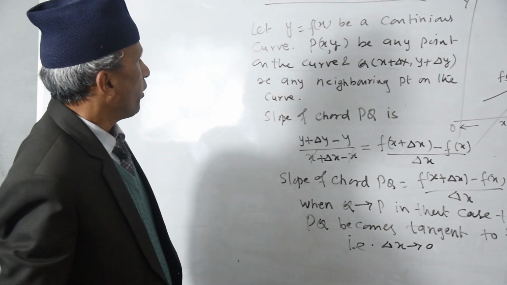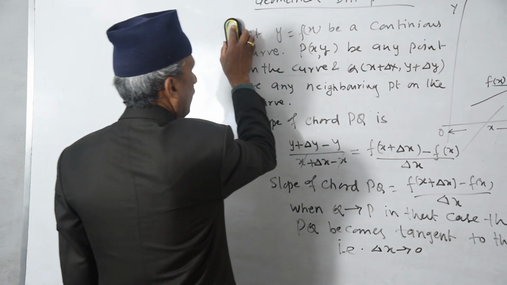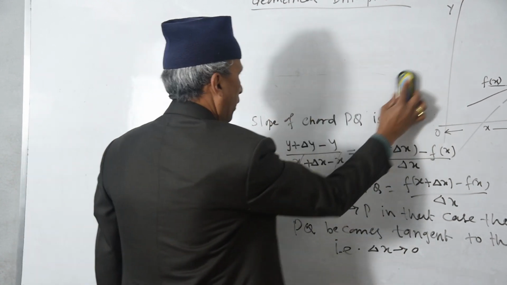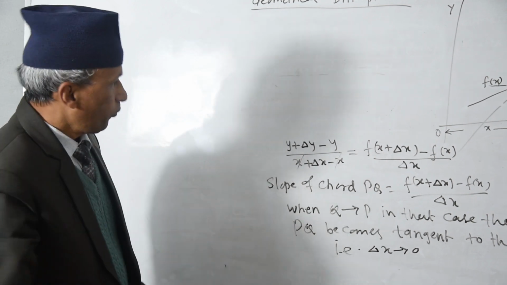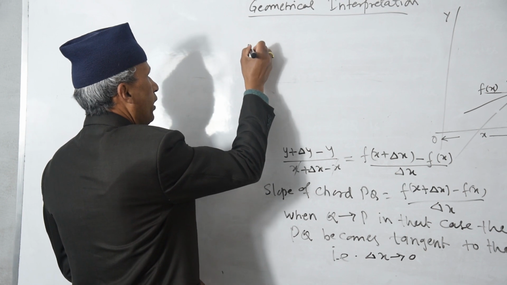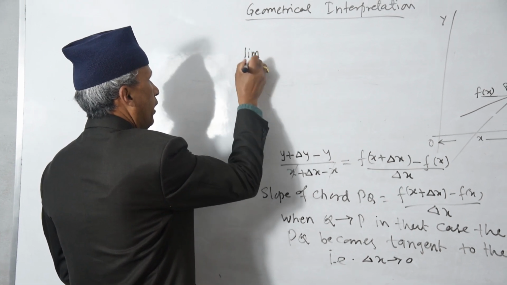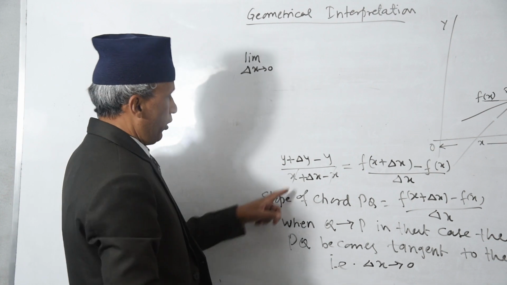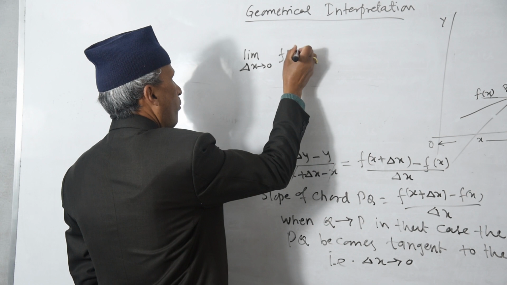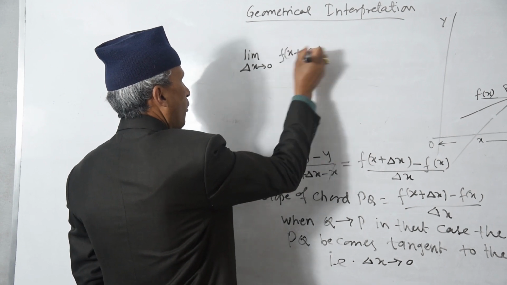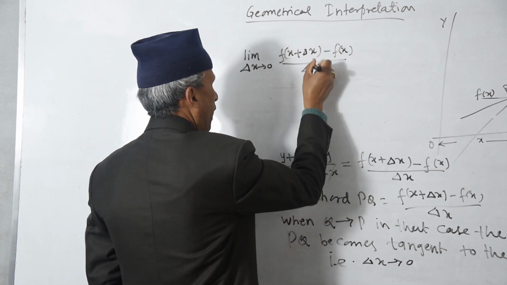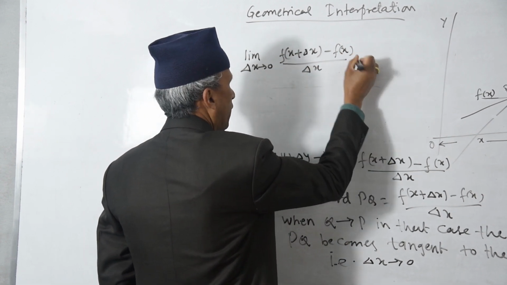Now we use limit. Now, limit delta x tends to 0, f of x plus delta x minus f of x upon delta x. What is this?